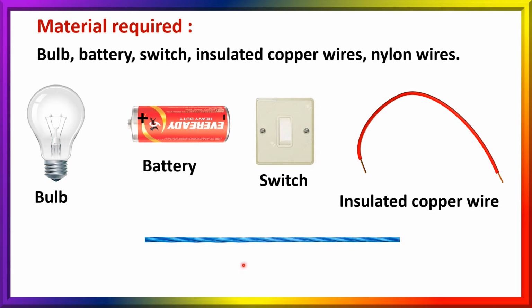So this is the material I have taken to show this activity. Now I am going to connect the material in different situations, and I will observe whether the bulb glows or not. So first I will connect the ends of the copper wire to the terminals of the battery through the bulb and switch.